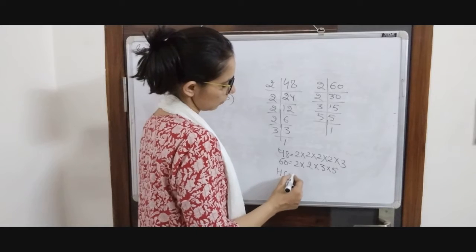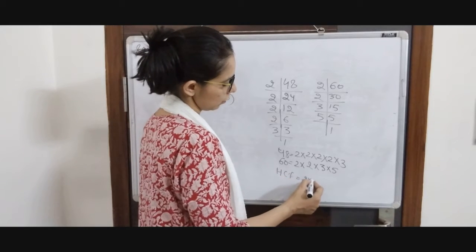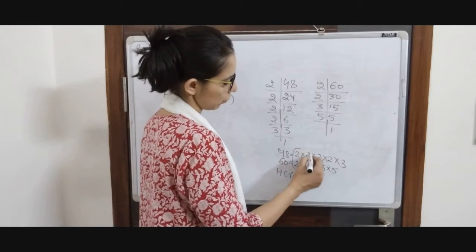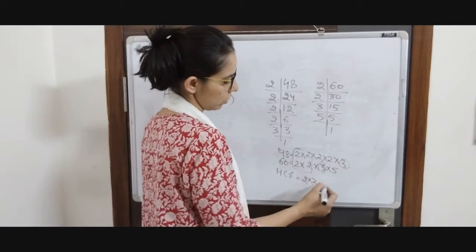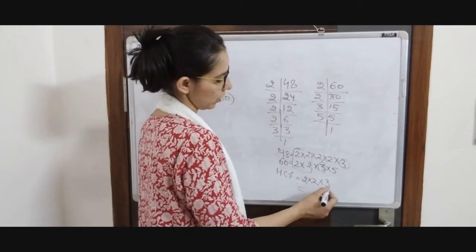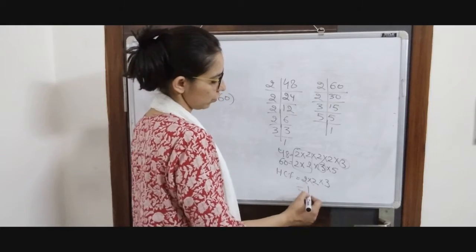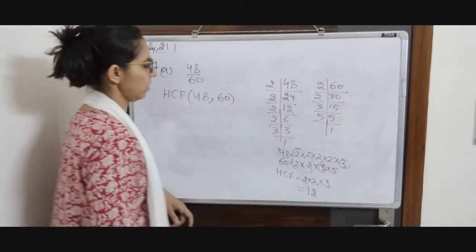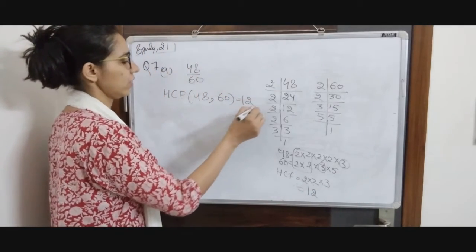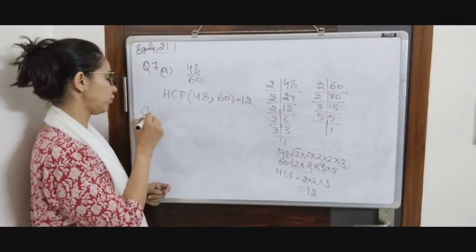So your HCF is going to be product of 2 into 2, because 2 into 2 are common, and then we have 3 also. This is going to be 12. So 12 is the HCF.